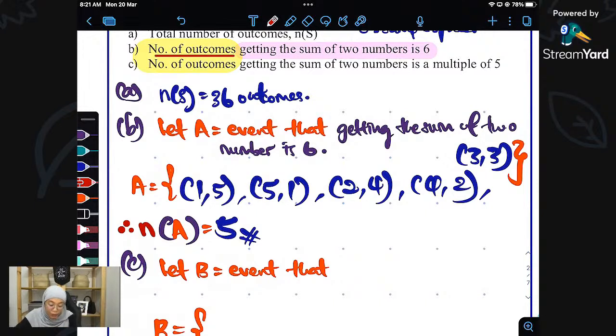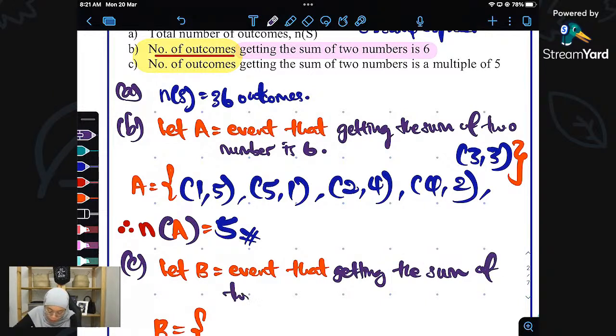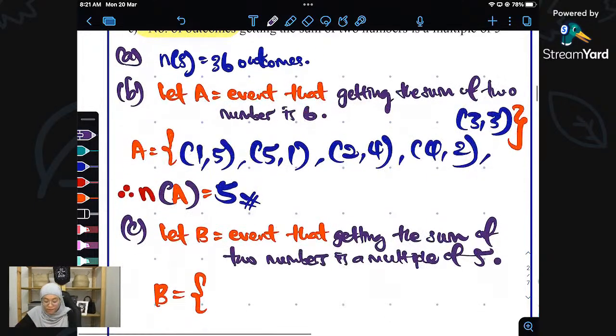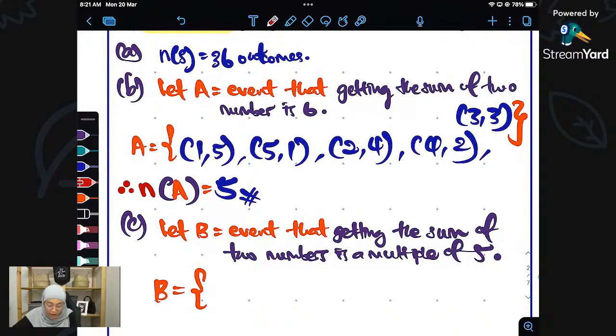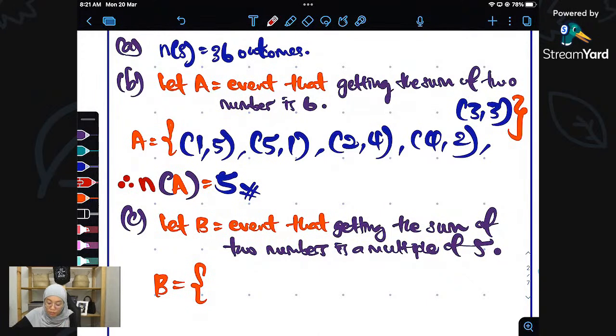So now you name the event first, which is let B. Let B be the event that getting the sum of two numbers is a multiple of 5. Okay, a multiple of 5. Let's list first. What does multiple of 5 mean? Multiple of 5 means the times table of 5. So 5, 10, 15, 20.